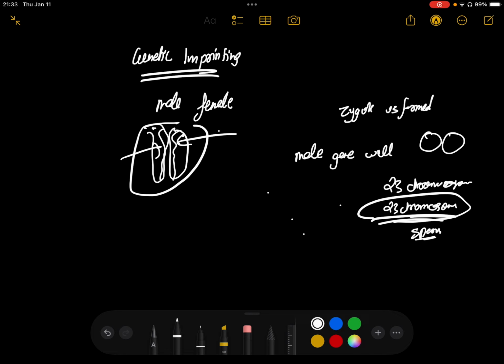But why will this type of thing not happen? Because this is parthenogenesis. Suppose two eggs got combined, and after the combination a zygote is formed.